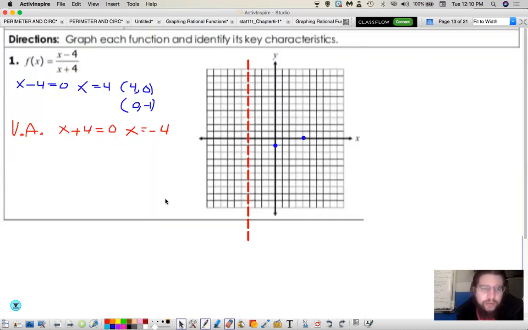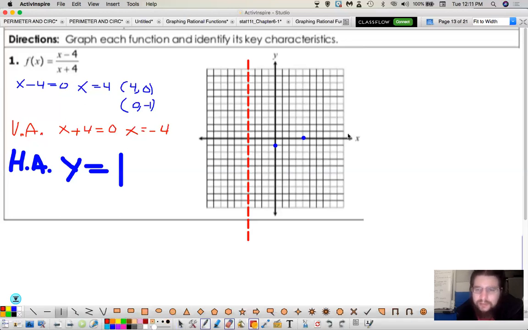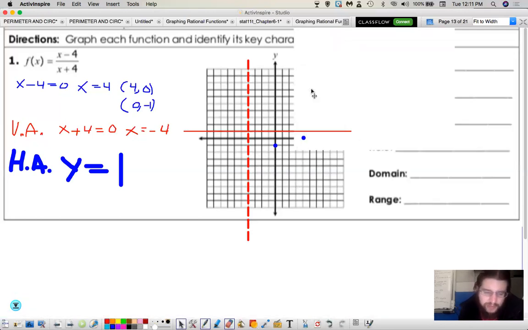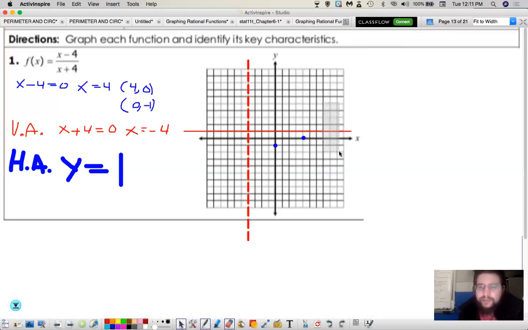What's my leading coefficient here? It's a 1 and a 1. So my horizontal asymptote, y equals 1. Again, it needs to be dotted.